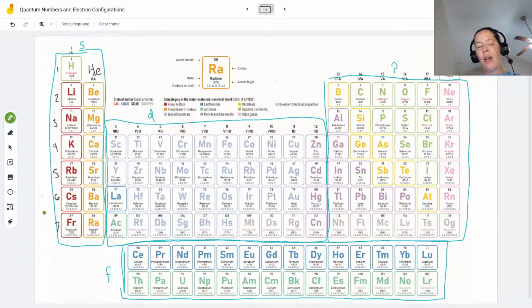Okay. So let's do one that's nice smack dab in the middle of the Ds. Why don't we do silver? Ooh, actually, sorry. Silver is an exception, and we just don't have time to do the exception. Let's do one that's going to follow all of my rules. Let's go palladium.